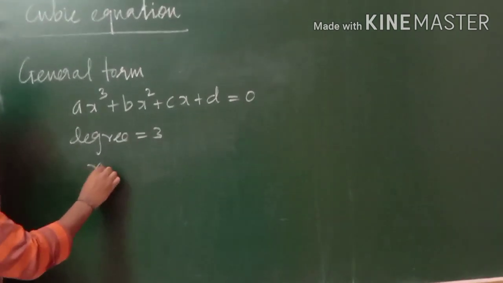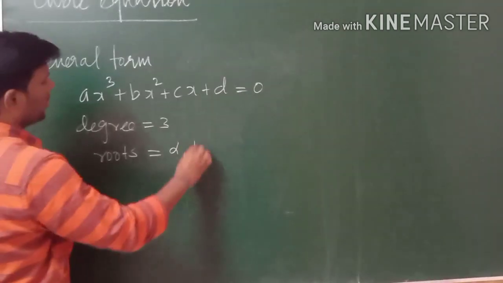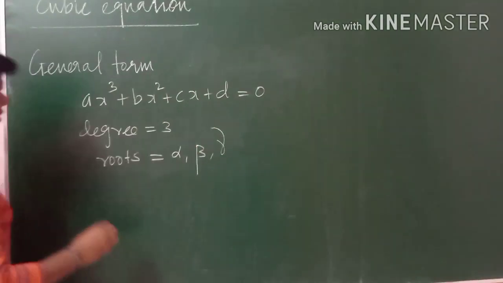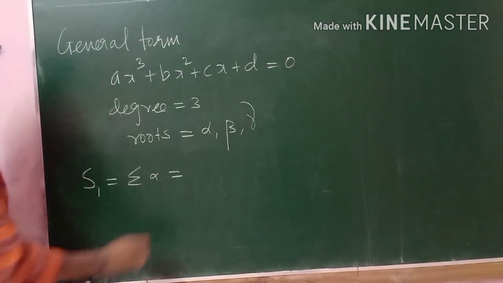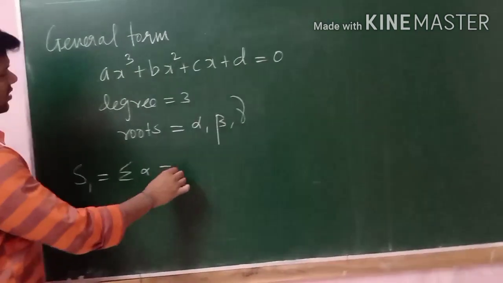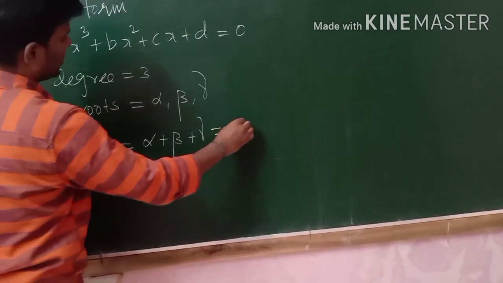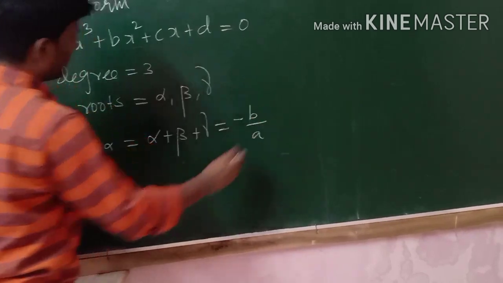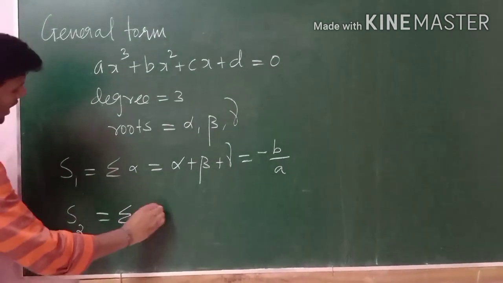If the degree is equal to 3, there are 3 roots. What are the roots? Alpha, beta and gamma. Now what is S1? Summation alpha. What does summation alpha mean? We add these three roots individually: alpha plus beta plus gamma is equal to minus b by a. And what is S2? Summation alpha beta.